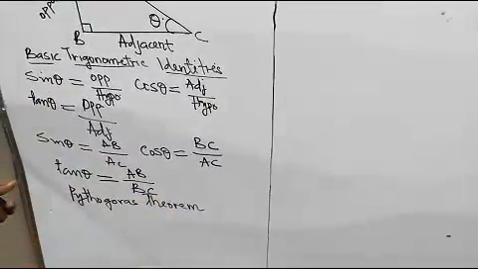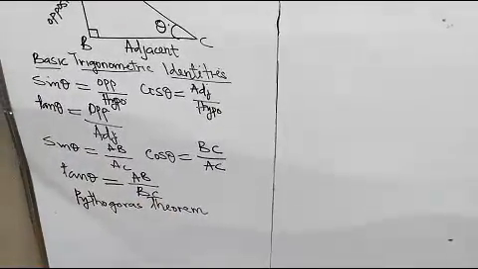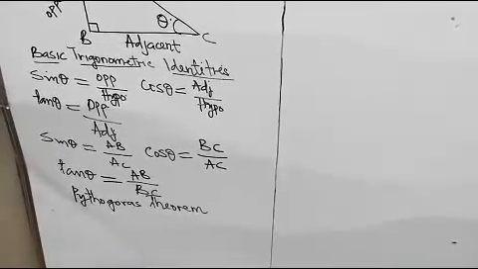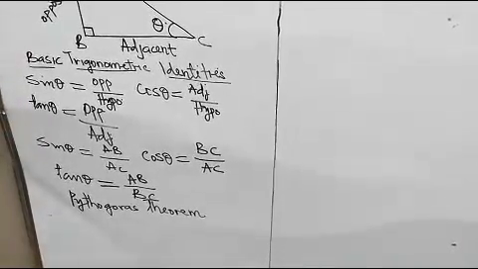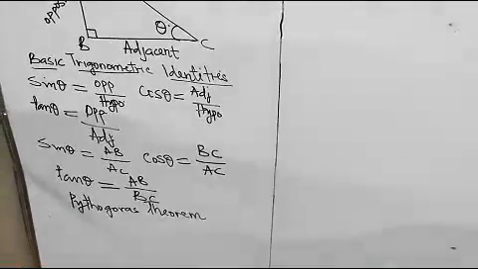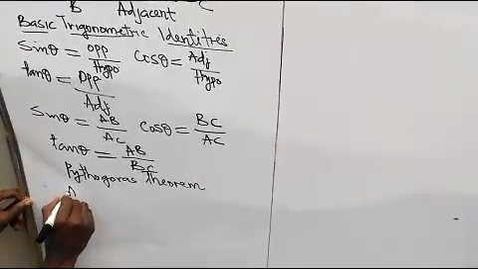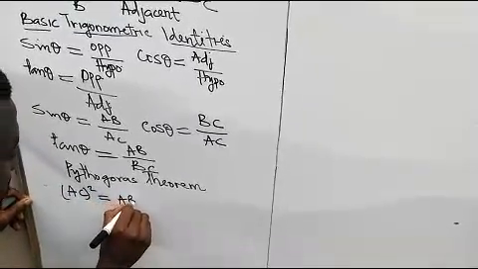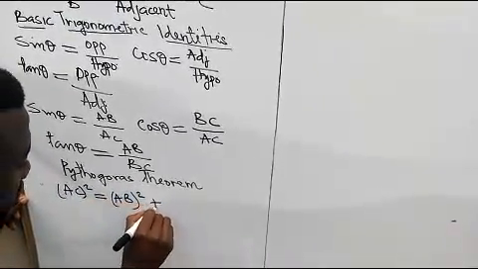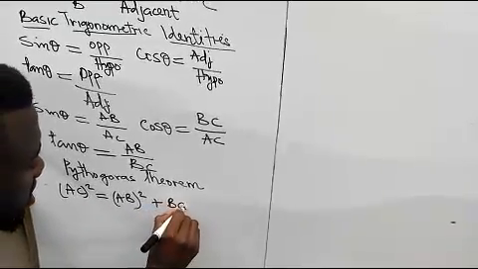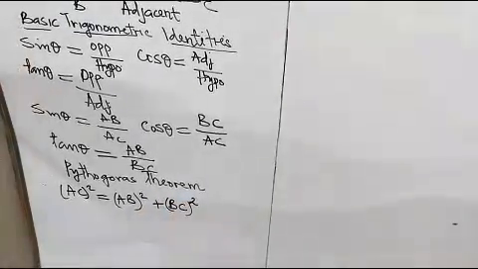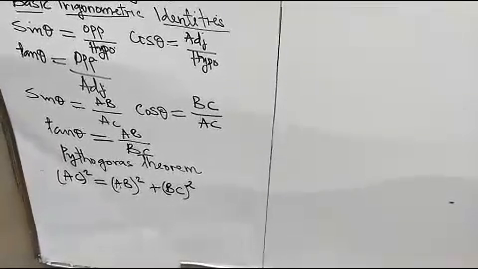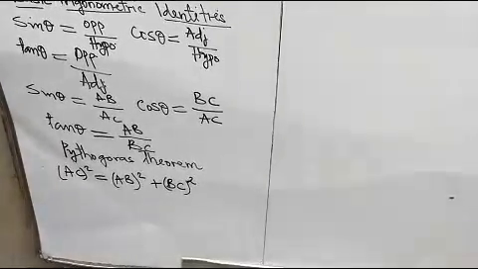This theorem simply states that the square of the longest side of the triangle is equal to the sum of the squares of the opposite and the adjacent side of that triangle, which simply means that AC all that squared is equals to AB all that squared plus BC all that squared. So that's the Pythagoras theorem which we are going to apply to derive our first trigonometric identity.